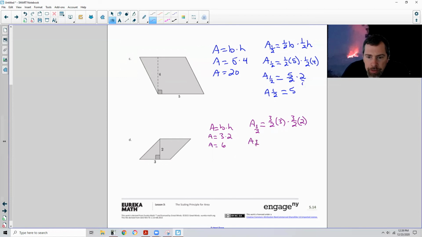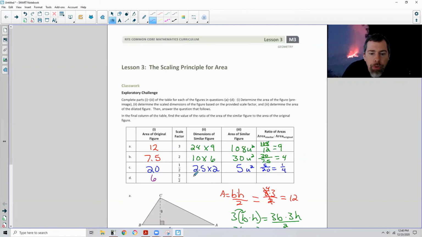So the area scaled 3 halves will become 3 times 3 is 9 halves times 3 times 2, which is, well, the 2's cancel and I just get 3. So think of that as 3 over 1. And so those are my sides. 9 halves is 4.5, and 3. So it's 4.5 by 3.